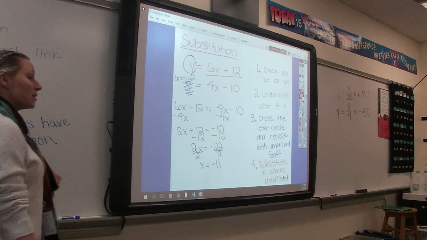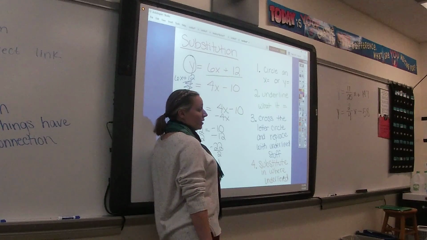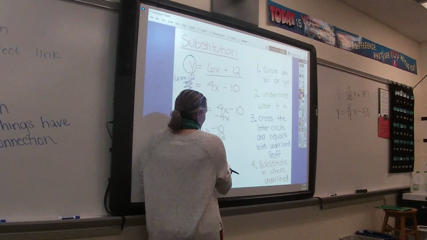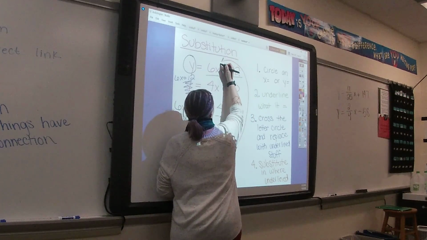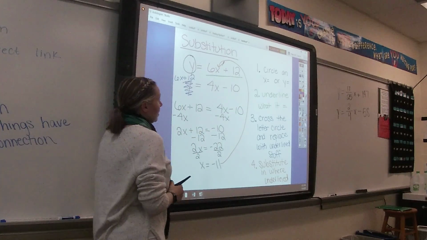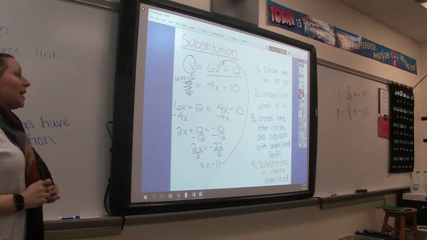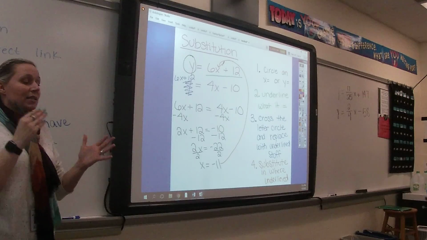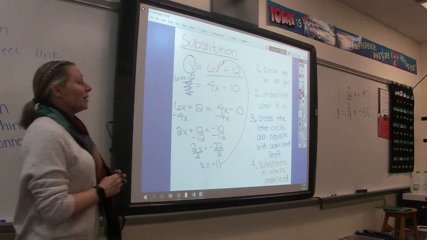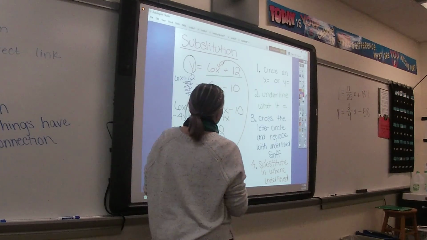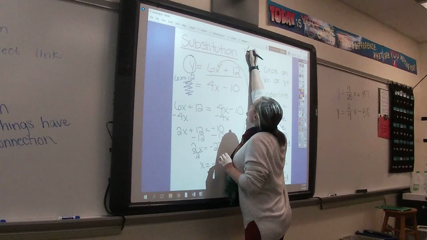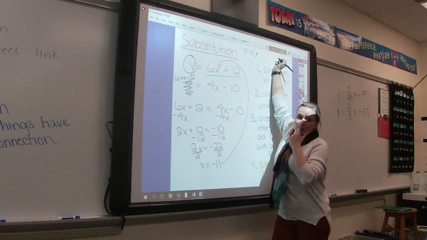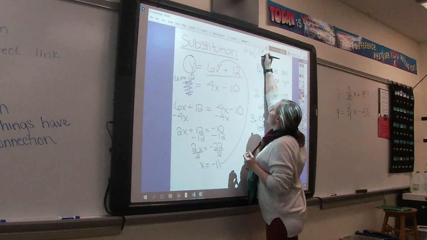So we solved for x. So what is negative 11 going in for? X, right? So we're bringing this up here and we're plugging it in for x. So now instead of saying y equals 6x plus 12, now we're going to say y equals 6 times negative 11 plus 12.